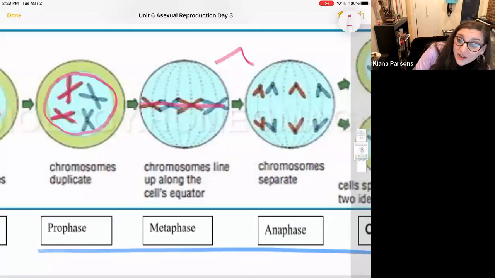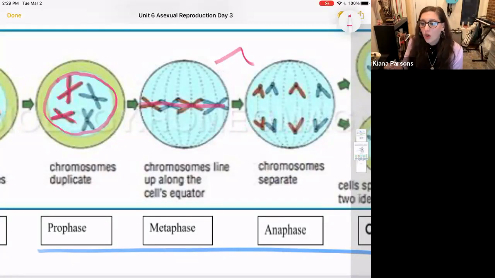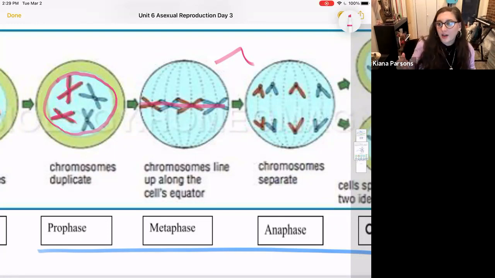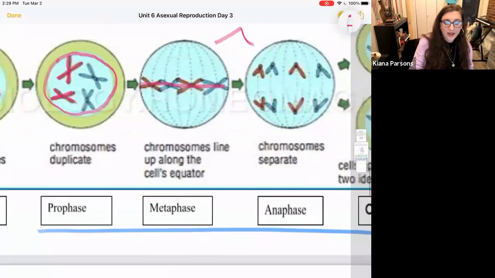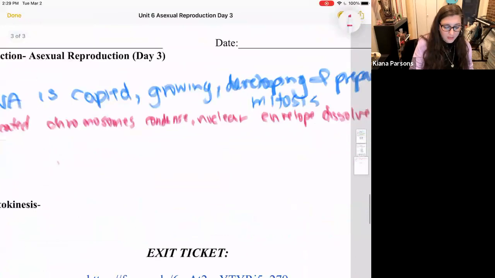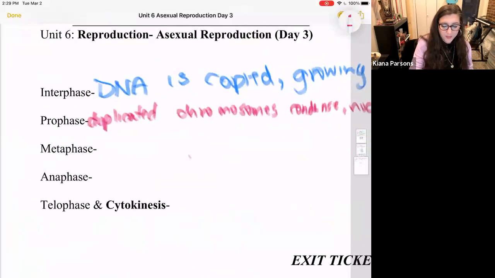This is where some errors can happen if the splitting is unequal or there is some error in the duplication. This is where you might not get a daughter cell, right? And we'll talk more about that when we get to Unit 7. But so now in metaphase, the condensed chromosomes line up along the middle of the cell.